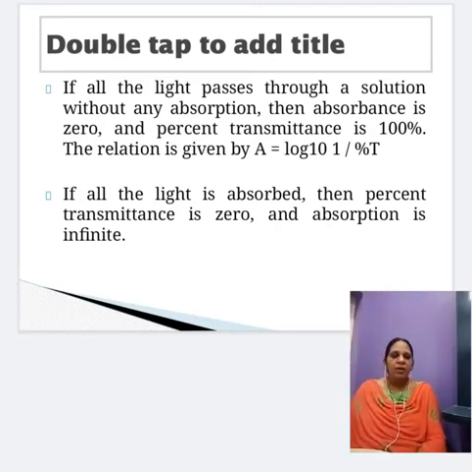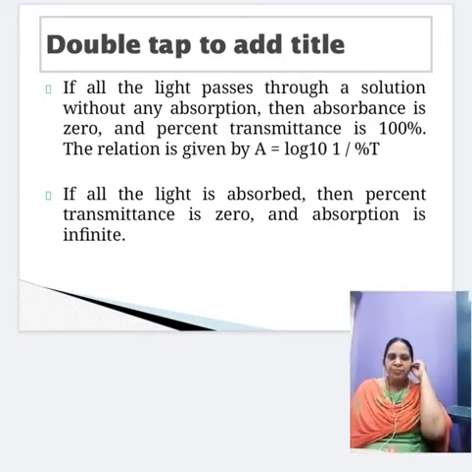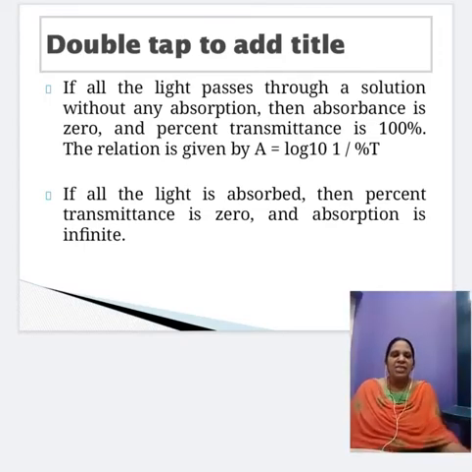Transmittance is the ability to give off something, that is called transmittance. So if all the light passing through the solution or the media is passed off without any absorption, then absorbance is 0 and the percentage transmittance is 100%.